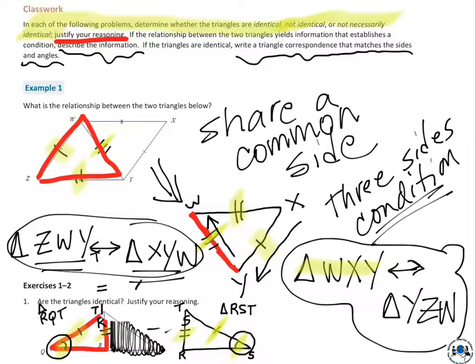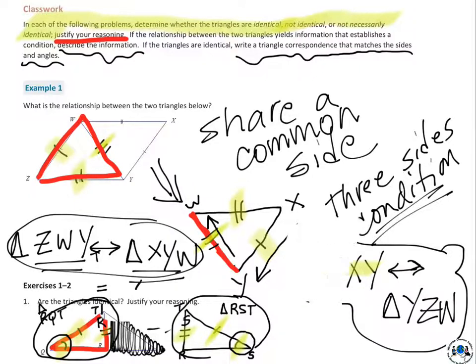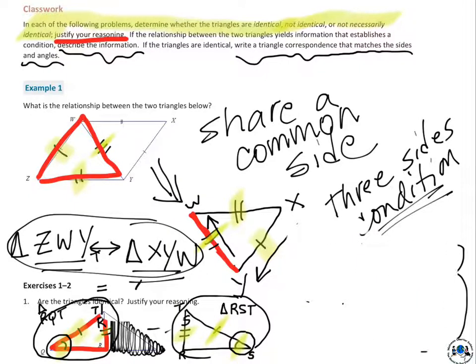Anyway, let's get back to exercise 1, not example 1. If we look at these two here, we have our triangle RQT right there, and triangle RST over here. We're trying to uncover if they are indeed identical.